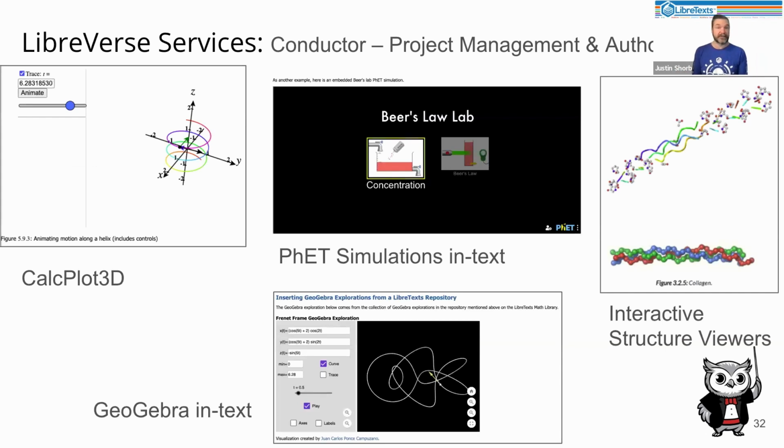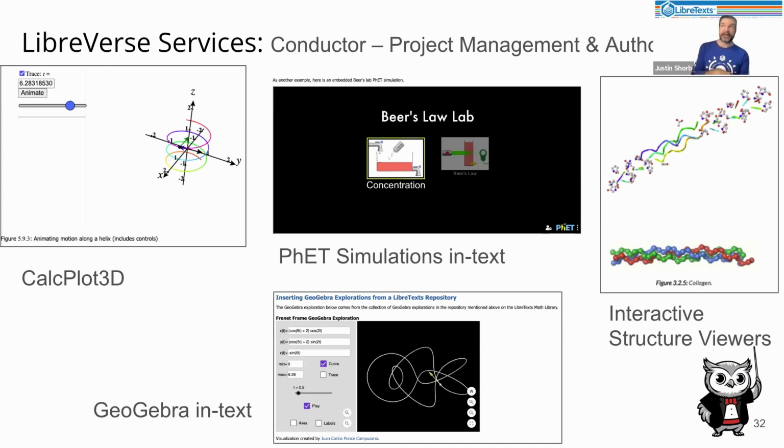Also along the Conductor, if you're ever thinking about writing things, I just wanted to throw up a bunch of things that we have. If you have a textbook and you want to have interactive 3D plots, we have that, and they can be embedded as interactive and editable plots right inside there, figures in your textbook. You can put in PhET simulations, for instance, if that's something that's familiar with your area.